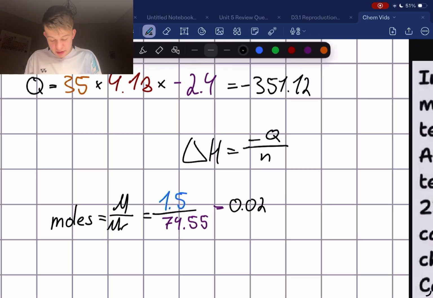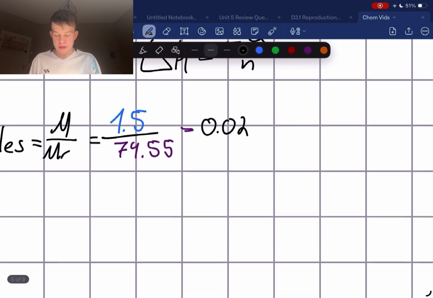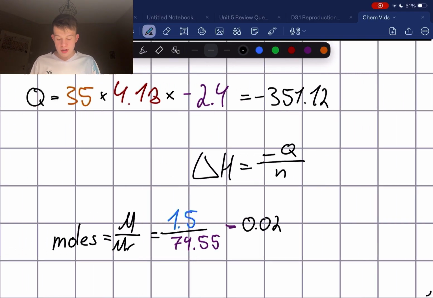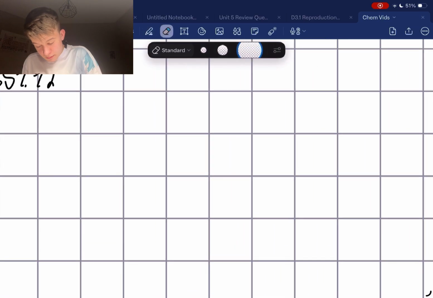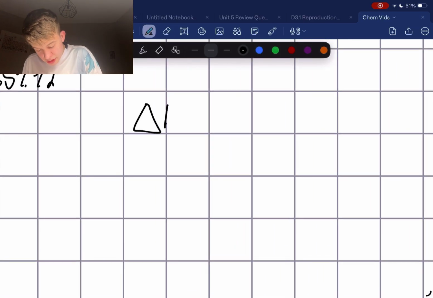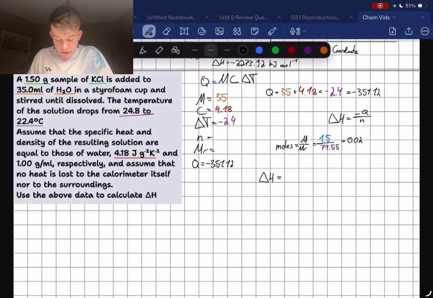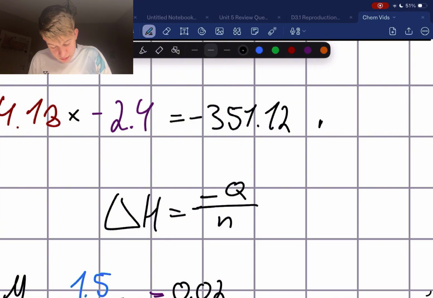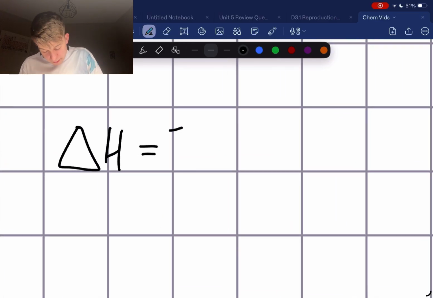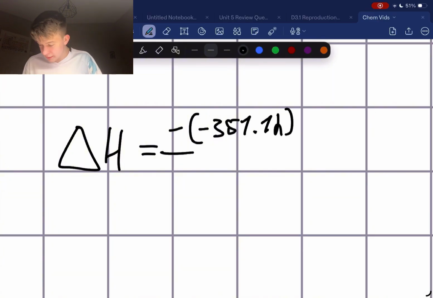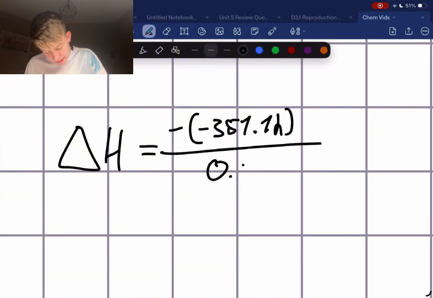So we have Q, which is negative 351.12, and we also have the number of moles. Now to find delta H, we do delta H, I forgot to put the units, always put the units, joules mole^-1. To do that, we do negative bracket, negative 351.12, close the bracket, over 0.02.